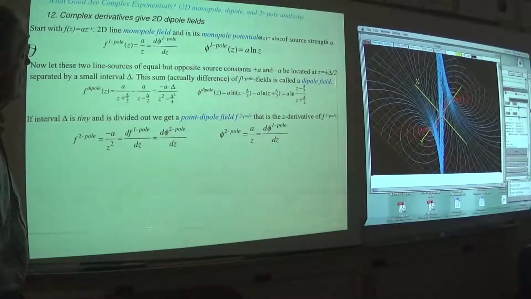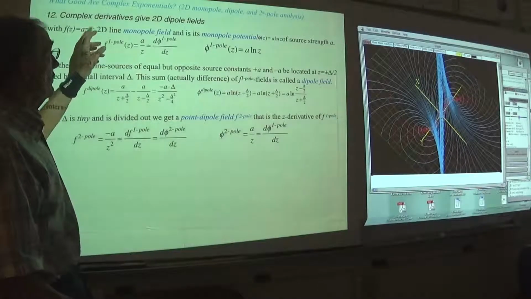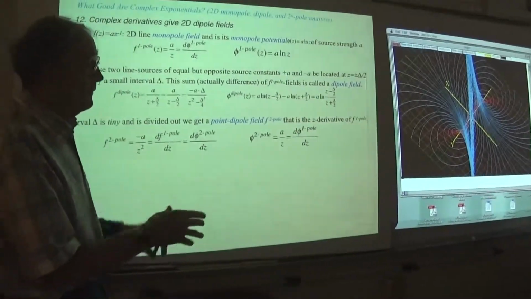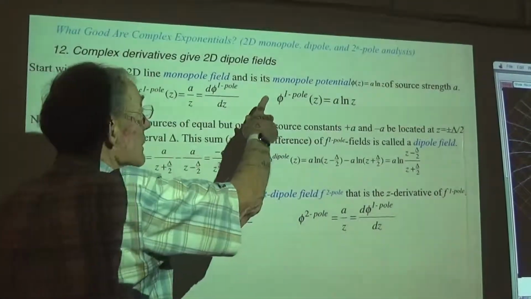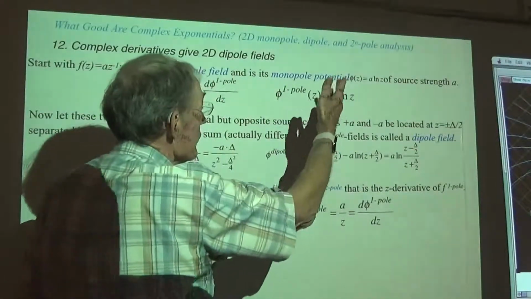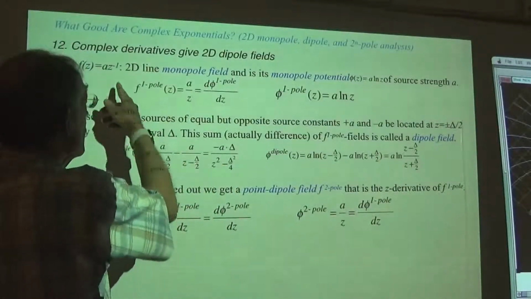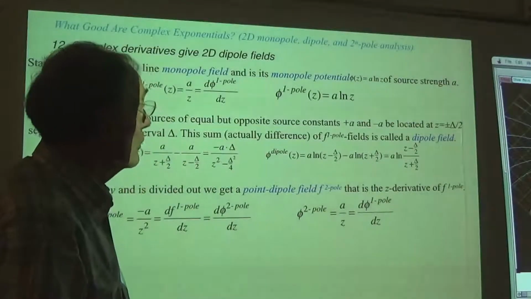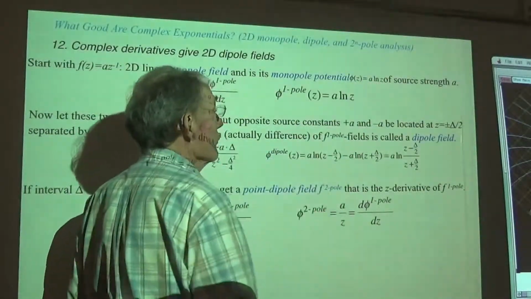But the basic idea is that if you start with a monopole that's A over z, and the field that we've been studying in the last lecture and are still pictured down at the end there, you have a monopole potential, and this is the thing that's unique about this particular field, 1 over z: its integral, the potential, is a logarithm.